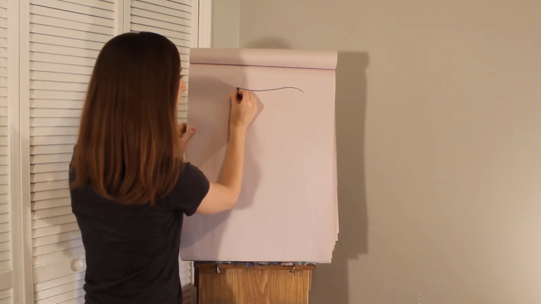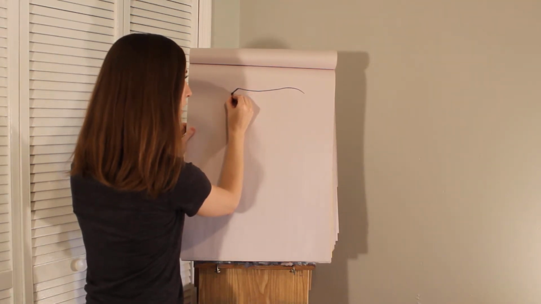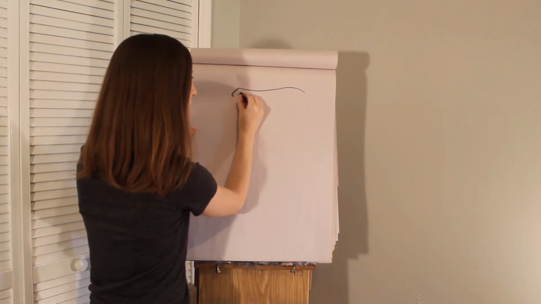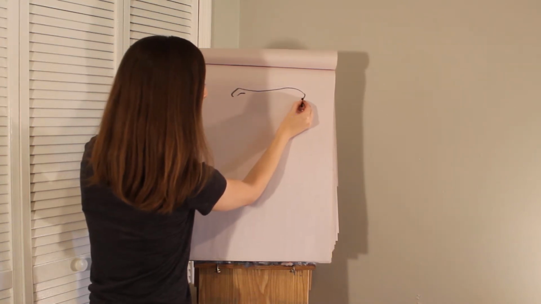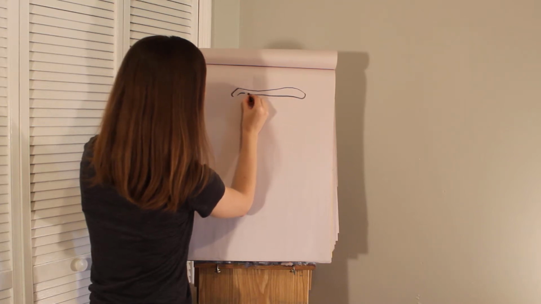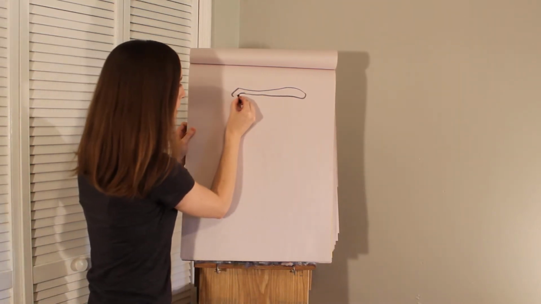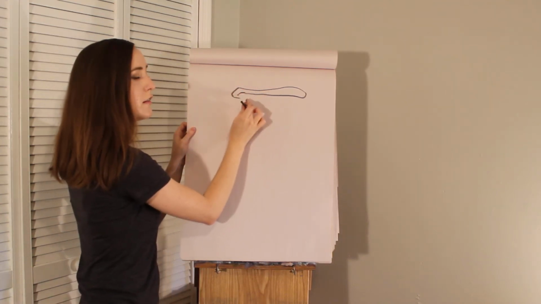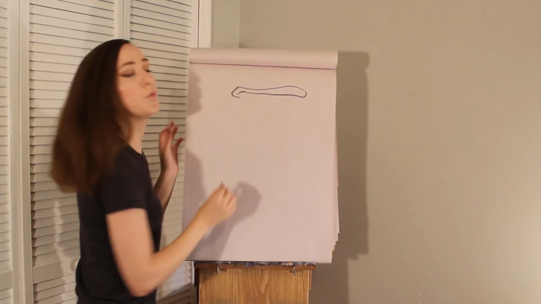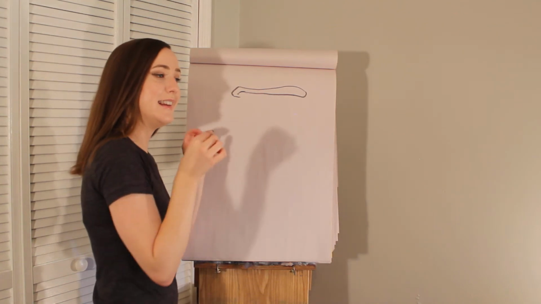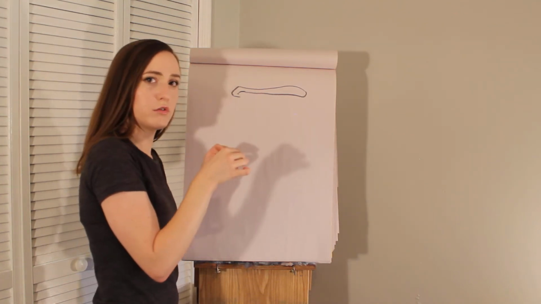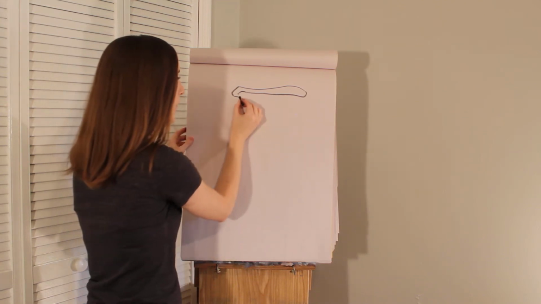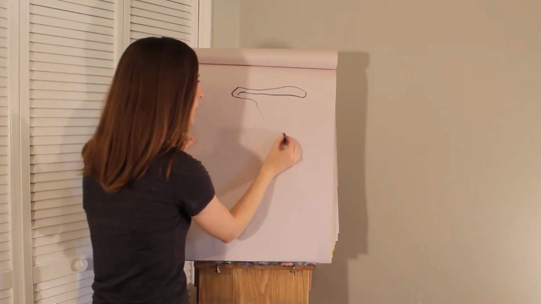Now we're going to start adding the acromion process at the end of the clavicle. This view is kind of from underneath. And we'll include the inner view of the scapula in the back, just a little bit.